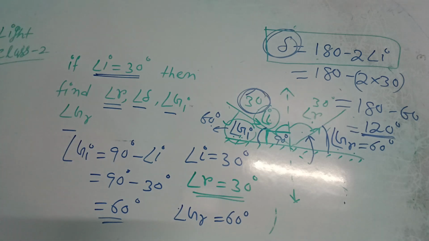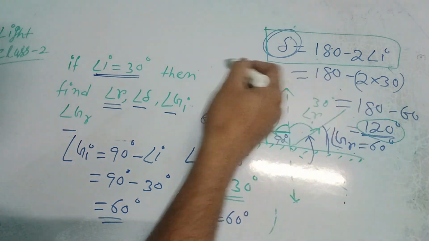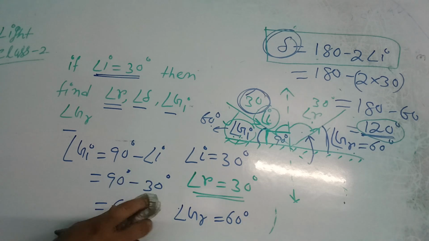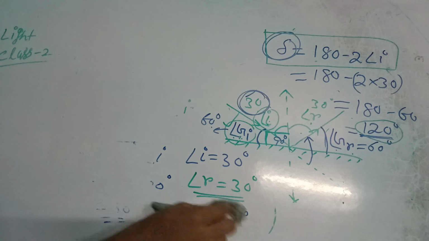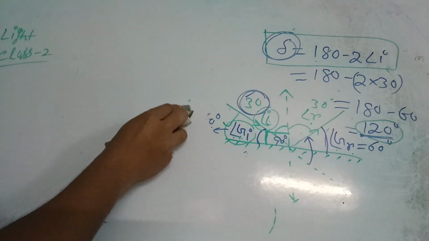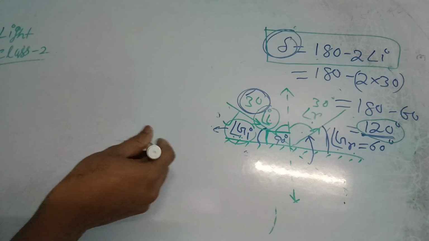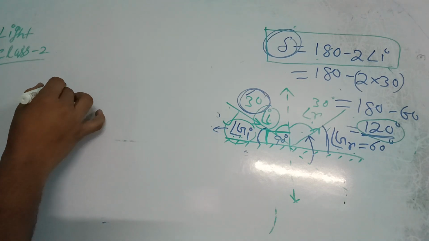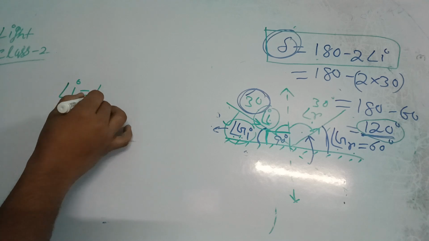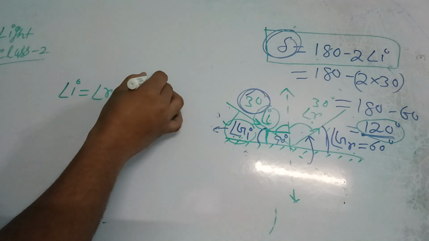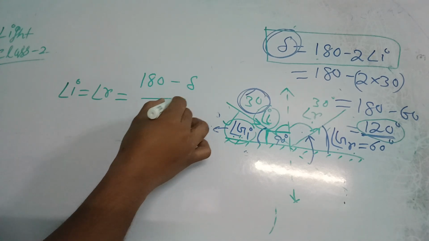Now try to find the value of I and R reversely. Means if we know the value of delta, now we are considering delta is given as 120 degrees. Now try to find the value of I and R. Suppose delta is 120 degrees. What is the value of I and R? We know when delta is given, angle I and angle R are both the same, and it can be written as 180 minus delta divided by 2.